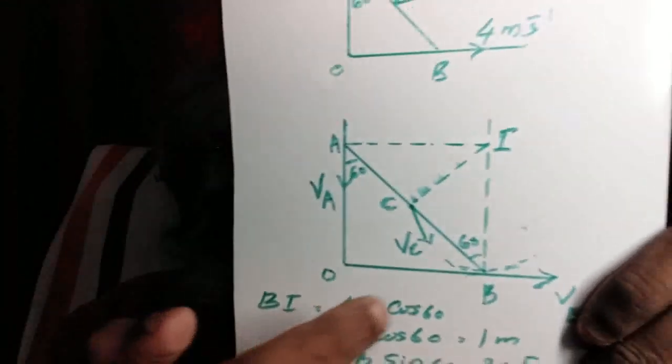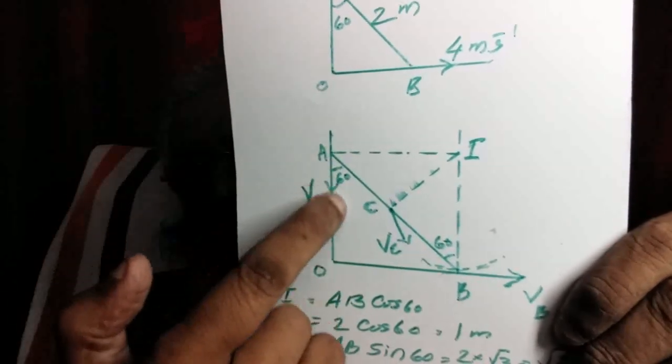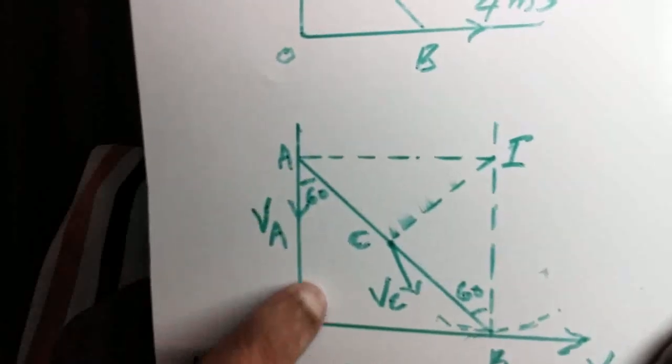Our first duty is to locate the instantaneous center. You can use the standard procedure I discussed in the last posting. Here there are two velocity vectors. One is VA, velocity of A, vertically down.